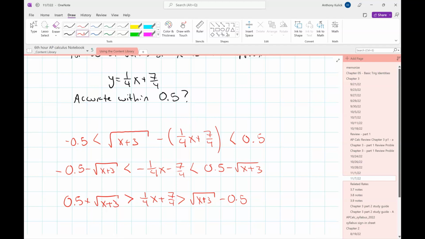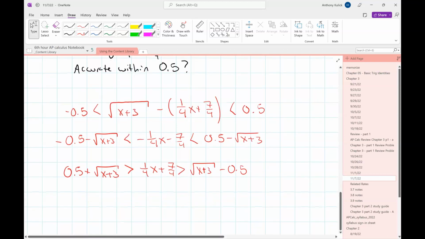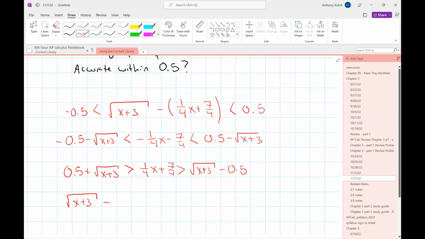And then as a matter of style, I hate when inequalities are written this way where the greater thing is on the left. I would prefer to write it this way. And I might as well separate at the same point.